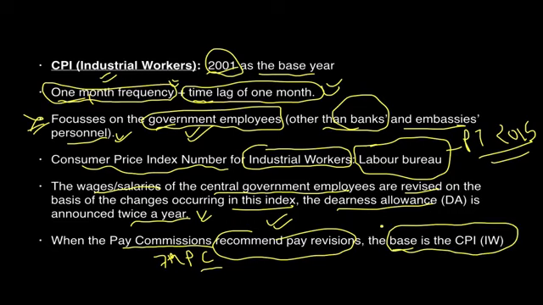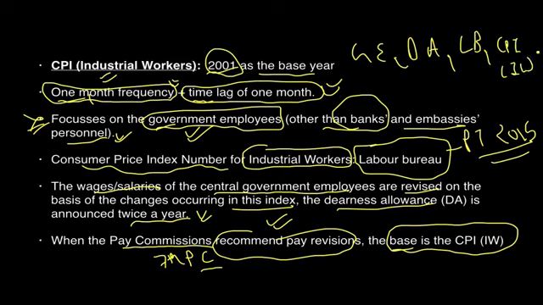So can you remember now: government employees, dearness allowance, Labor Bureau, then CPI IW. Now again there is a difference between CPI and this index number. Okay, so you need to know which is calculated by which in exhaustive detail. This is asked very frequently by UPSC. So please remember, CPI index number for IW is calculated by Labor Bureau.